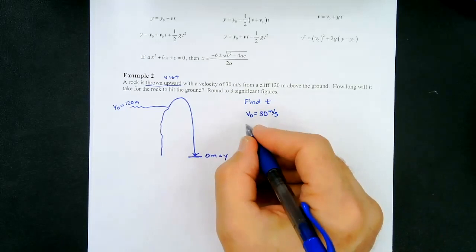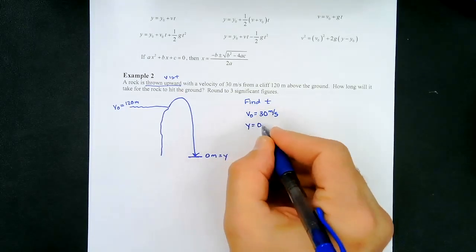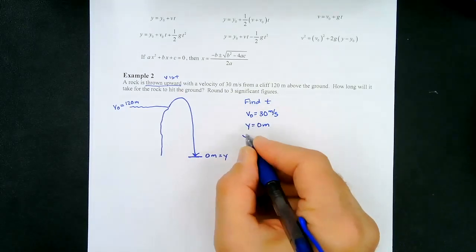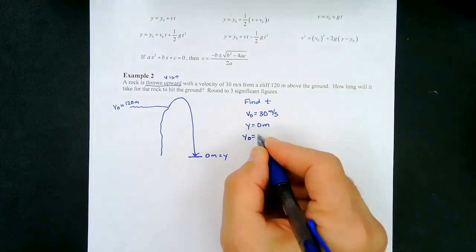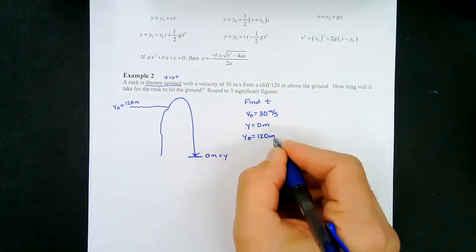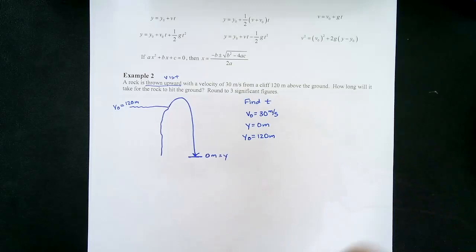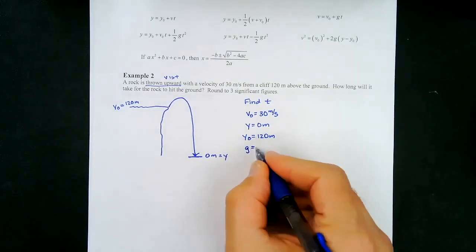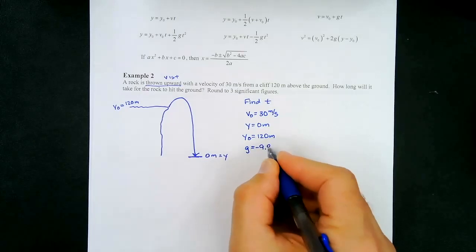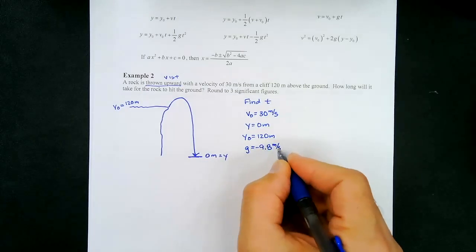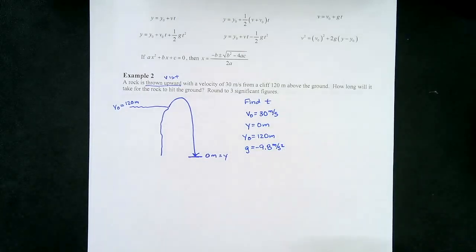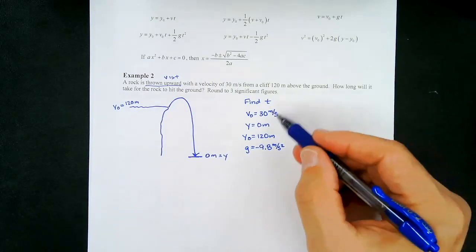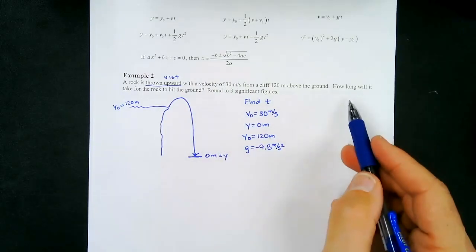And I know my y is 0 meters, and I know my y sub 0 is 120 meters. And I know my a, or in this case, gravity, g, is equal to negative 9.8 meters per second squared. These are all the things that I know from the problem.